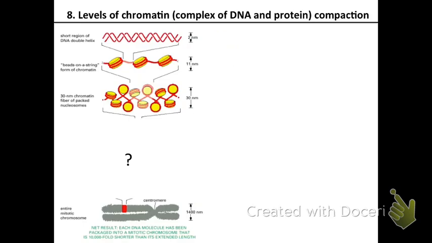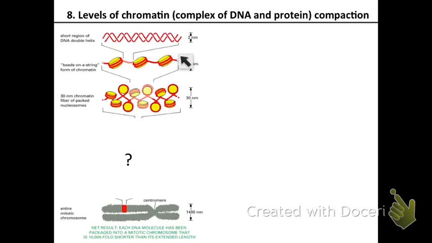That happens through a structure that we call chromatin. Chromatin is basically the complex of DNA and proteins that accomplishes the organized compaction of the chromosomes inside the nucleus during interphase. So what you have here is your DNA, and the diameter of DNA is about 2 nanometers.